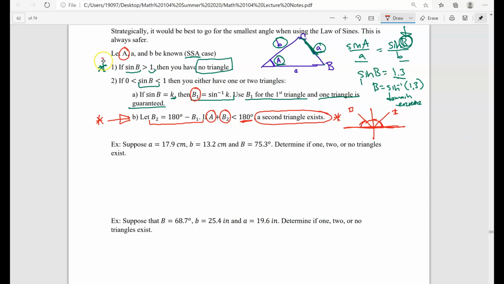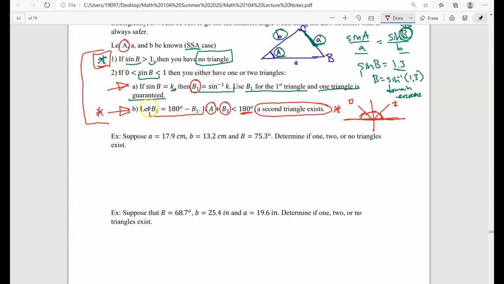As long as you follow these directions, you should be pretty solid. Hopefully you just get no triangle and you'll be done, but you might have to do a little more work if you have one of these, especially the two-triangle case.